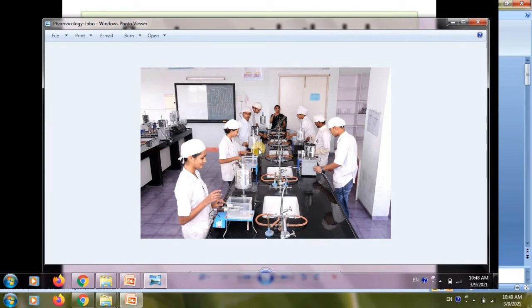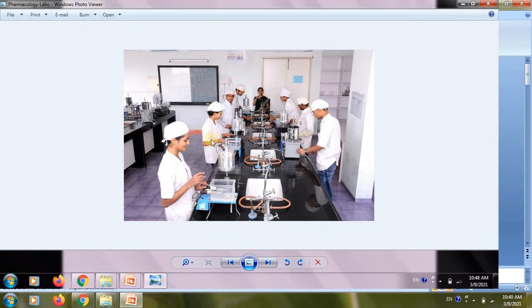For pharmaceutics practical, while performing your formulations, we are directly dealing with chemicals and ingredients, so we have to use mask and gloves as well. Here they don't use them, but we have to use mask, cap, and apron in this fashion.